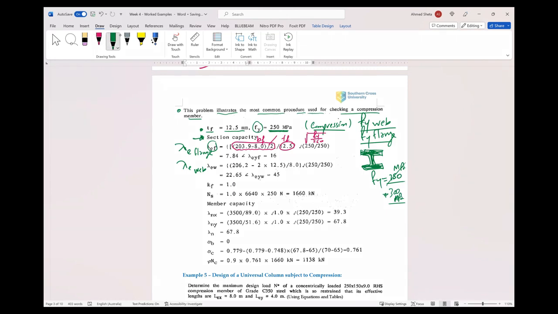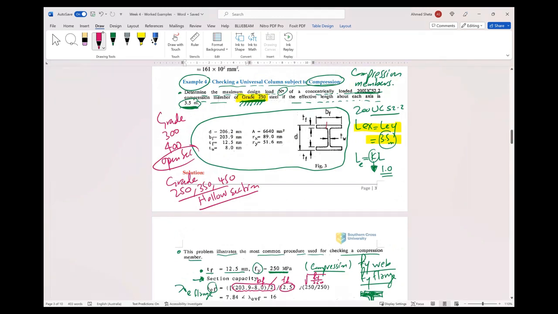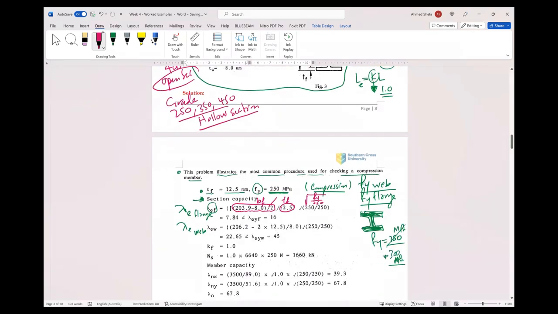Here, if we look at the flange, we only take half of the flange, because the whole flange will not buckle as a whole. So this half is 203.9 minus the web thickness, divided by 2. This is B flange, over T flange, which is 12.5, multiplied by root 250 over 250.